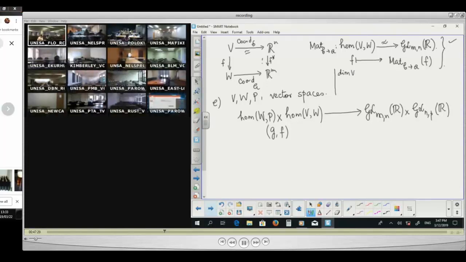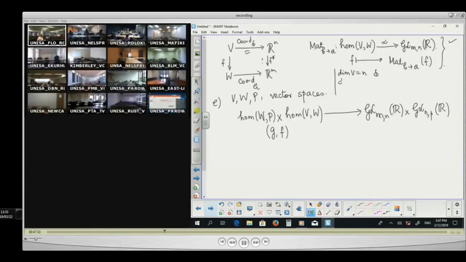Dimension of W is m with a basis script A, and dimension of P is p with a basis script B. Okay? So this GF, remember what is this? This means V to W I have F, and W to P I have G, so I have the composite over here.